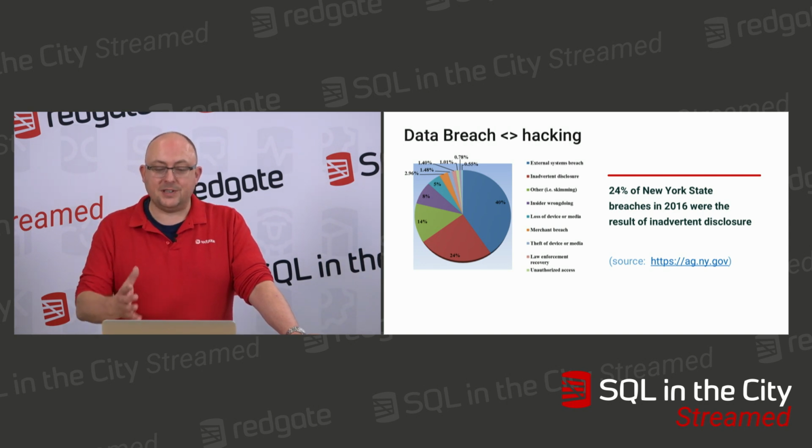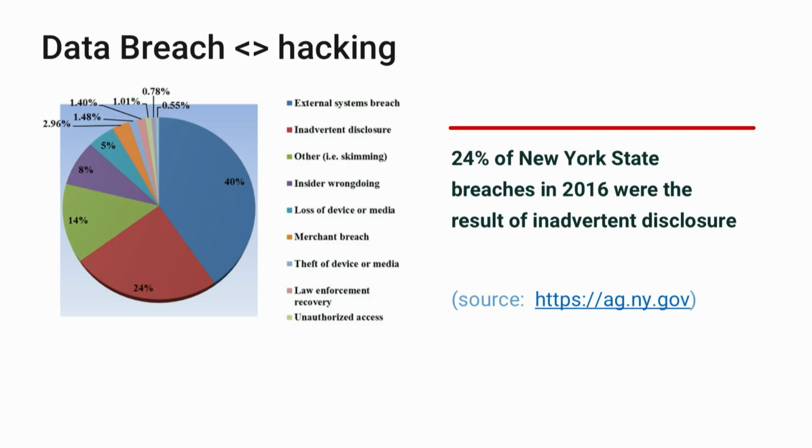So this is some data that you can see on the screen, prepared by the Attorney General's office in New York State, as part of the preparation for the SHIELD Act, which, as Grant mentioned, has many similarities with the GDPR. It also puts the obligation on businesses to protect the rights of the individual.